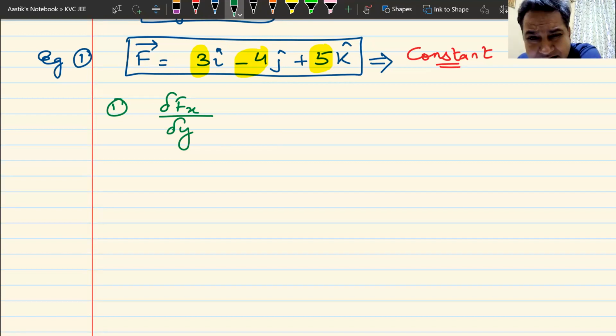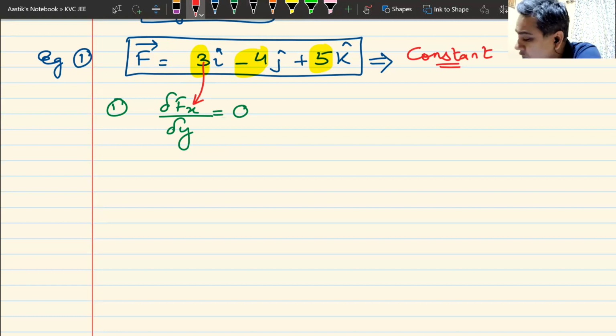So I have to find out the partial derivative of 3 with respect to y. What is the partial derivative of 3 with respect to y? It is 0. 3 is a constant, so the partial derivative has to be 0. Did we get this? Yes or no?